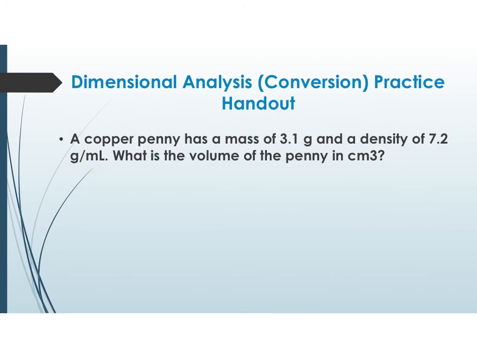So I'm going to go ahead and set this up like I always have before, and I'll put 3.1 grams over 1. And in order to get rid of grams and end only with milliliters, I will just flip-flop the 7.2 grams per milliliter to work in my favor, because I know that if I have grams in the numerator here, then I need grams in the denominator here.